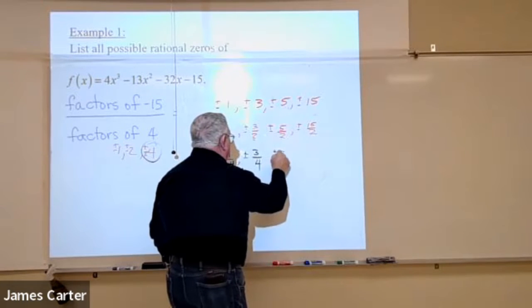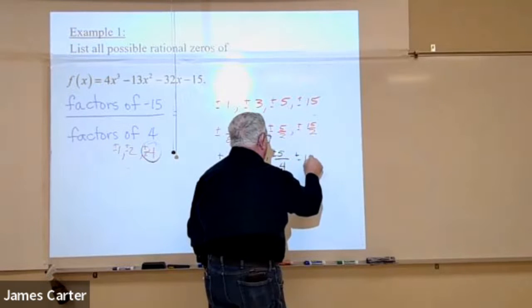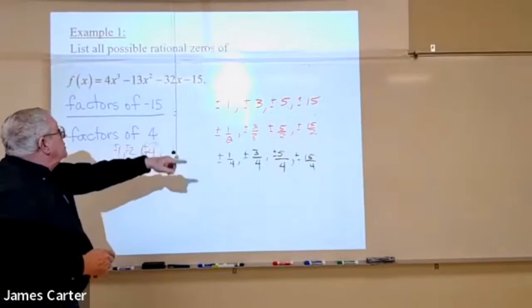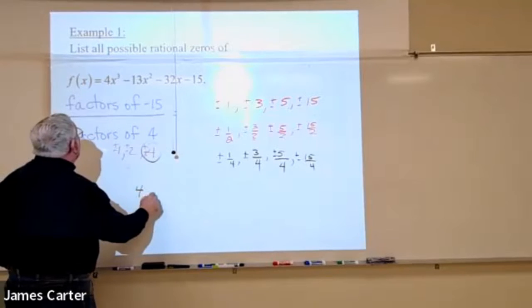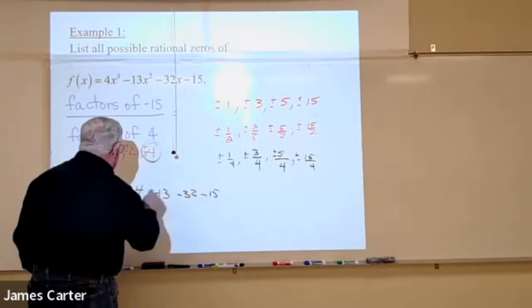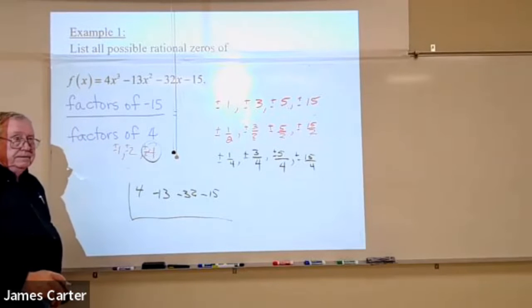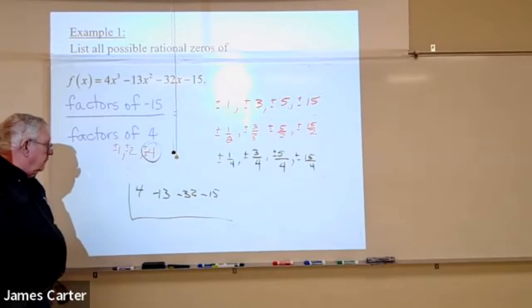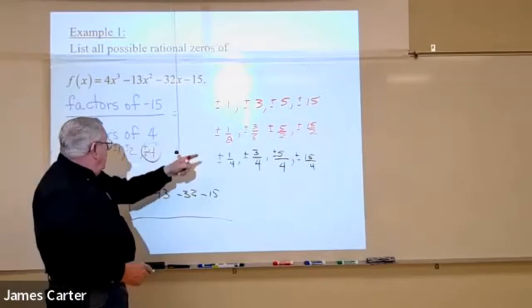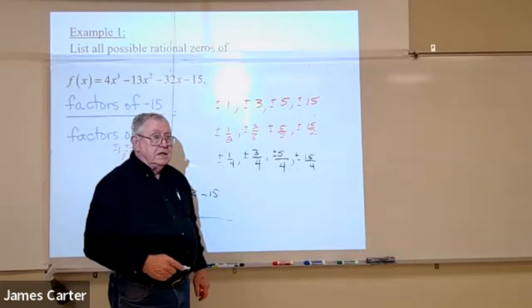That one over 4. And this one over 4. Now, what that means is if we took this equation, 4, -13, -32, -15, and tried to do synthetic division, that means over here, I could try any one of these possibilities.